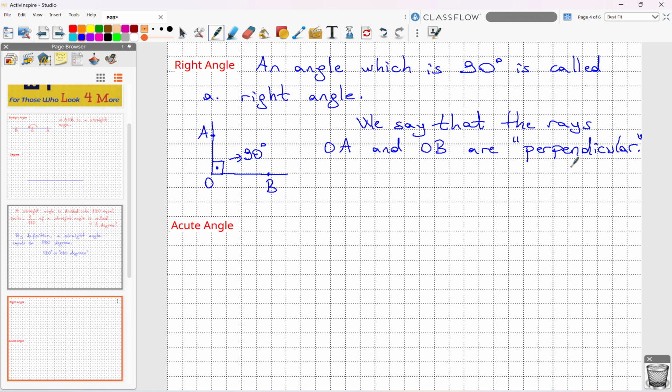So in geometry, for perpendicular lines and rays, we have a notation that's shortly used. When we use this notation between two rays or two lines, for example OA and OB, this means OA is perpendicular to OB.